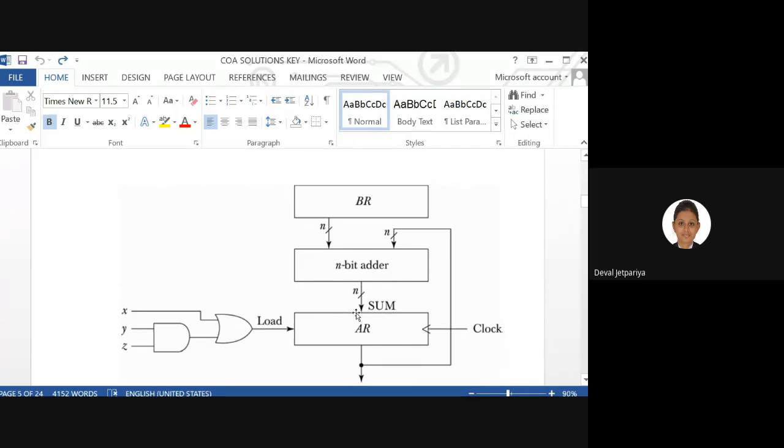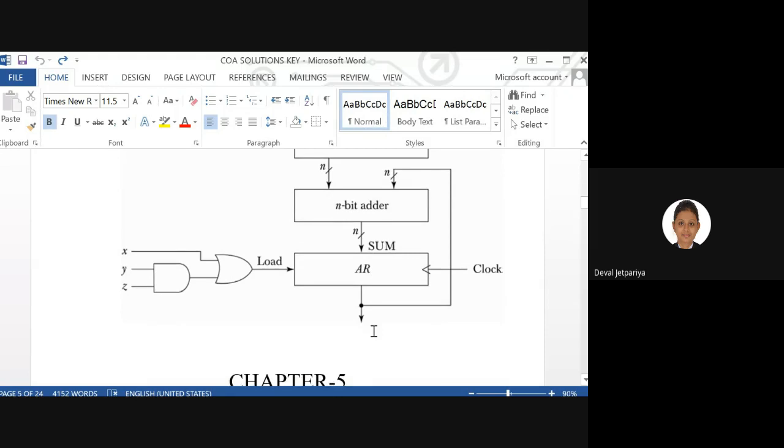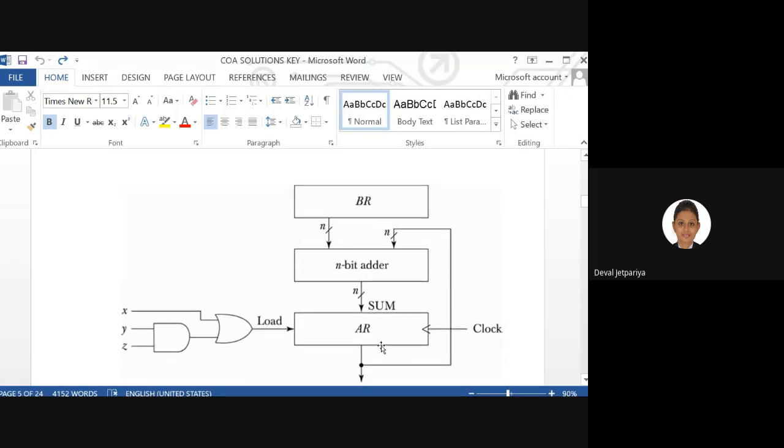Why? Because the final answer we are storing like this, and here we are passing load in terms of the AND operation of y and z, and whatever is the answer of that y and z, we are doing ORing with x, and that you are forwarding in terms of load. So just verify this diagram and do ask in case of query.